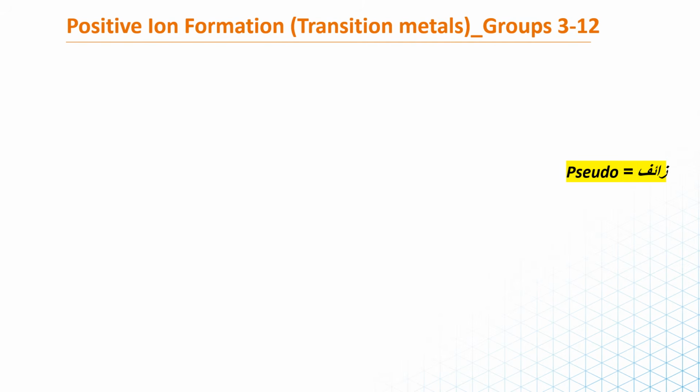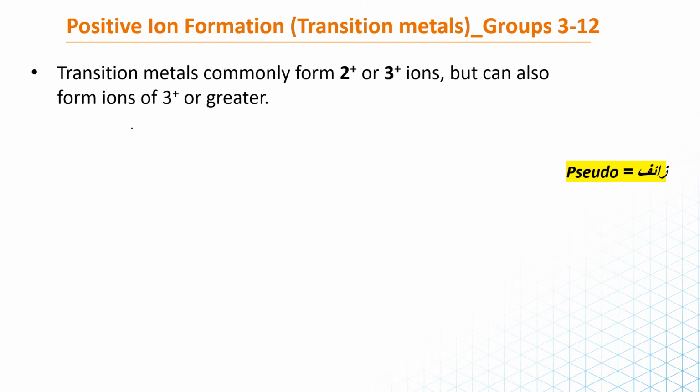Now, not all metals are or can form 8 valence electrons. There are some exceptions. في بعض الاستثناءات. Now transition metals اللي هم في group 3 to 12, they form different charges, plus 2, plus 3 ions, maybe plus 1, and sometimes more than plus 3.